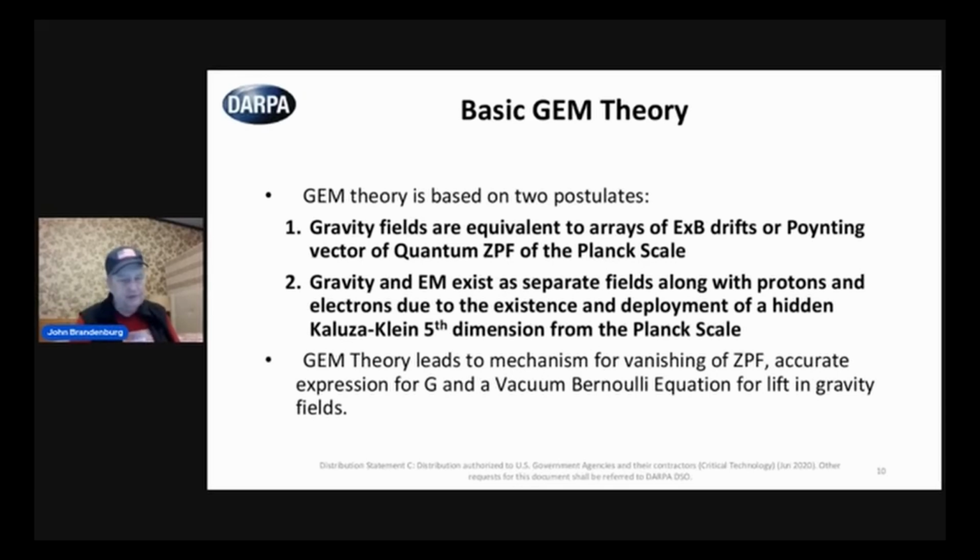The second postulate is that gravity and E&M exist because electrons and protons exist. Electrons and protons separated from the Planck scale, becoming two separate charged particles at the same time that gravity and E&M appeared as separate forces in the Big Bang. So those two things were correlated.